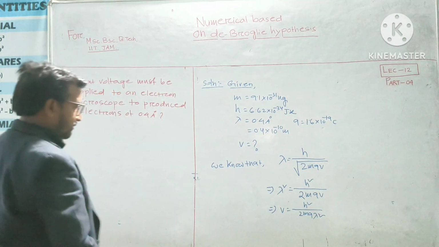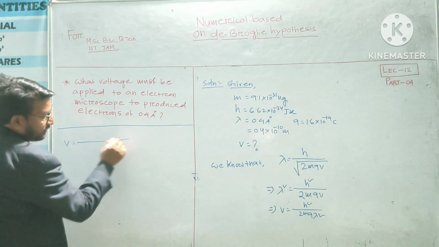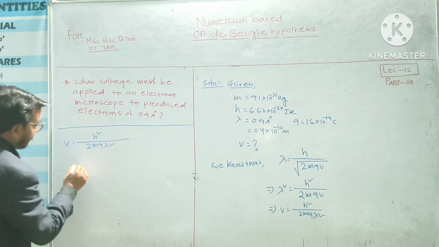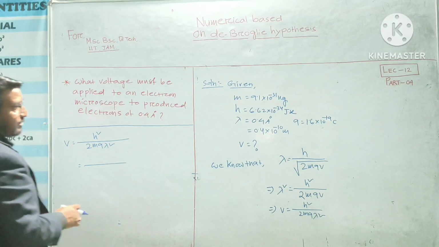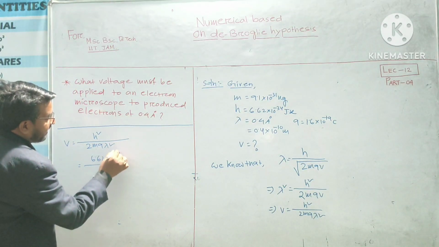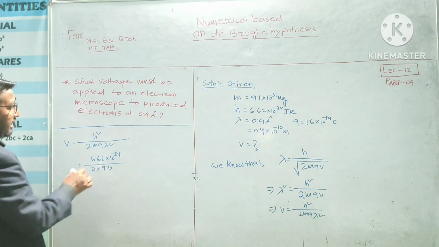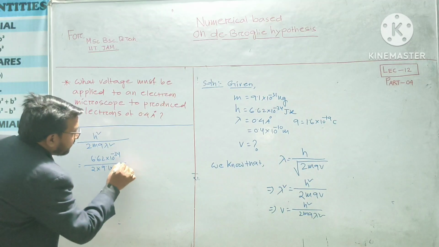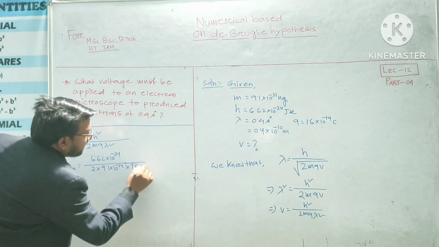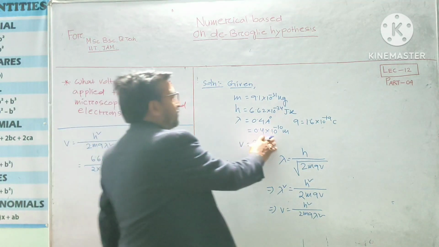Okay, now V equals h square divided by 2mq into lambda square. The value of h equals 6.62 into 10 to the minus 34 joule second. So we can write 6.62 into 10 to the power minus 34, 2 into m, this is the mass of the electron, 9.1 into 10 to the minus 31, and the charge value of the electron 1.6 into 10 to the minus 19, and lambda equals 0.4 into 10 to the minus 10 meter.